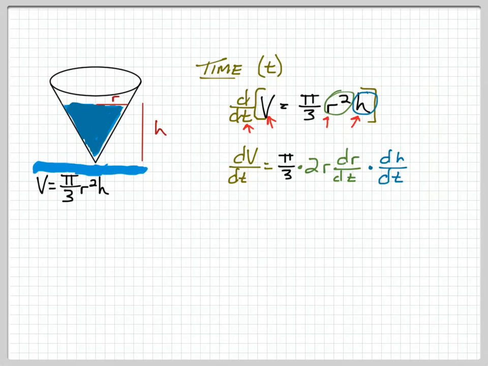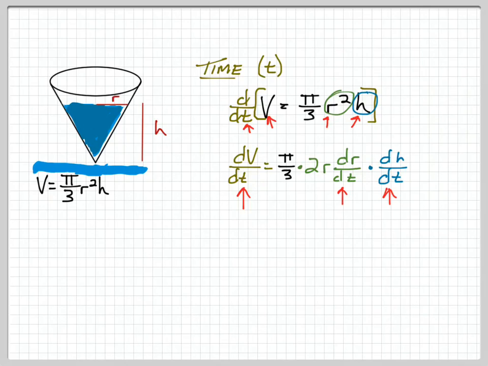Okay, so now this is a fairly complex formula, but if we have some given information, it'll make things a little bit easier for us to find the instantaneous rate of change. So remember again that the volume is changing with time, the radius is changing with time, and the height is changing with time, all with the same time value.